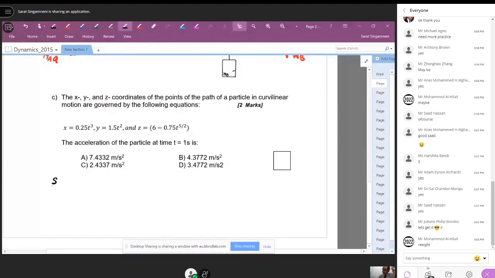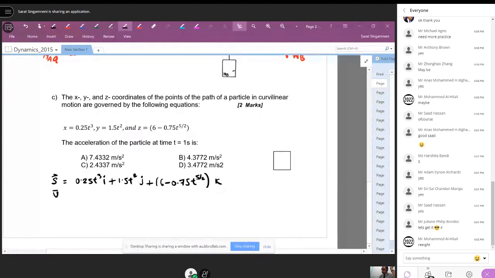We can add all of that into a vector: 0.25 t cubed i plus 1.5 t squared j plus 6 minus 0.75 t to the power 5 over 2 k. He's asking what is the acceleration of the particle at time equal to 1 second.